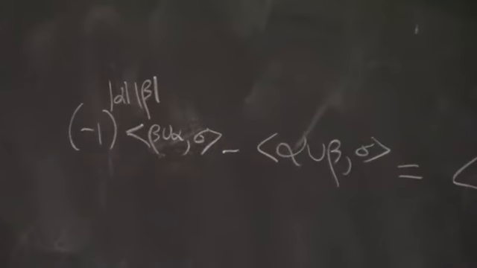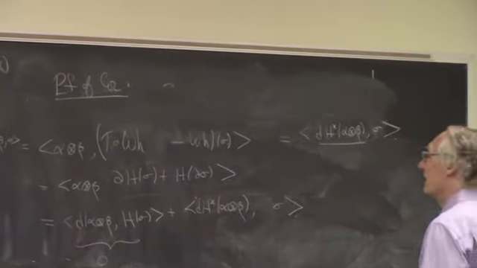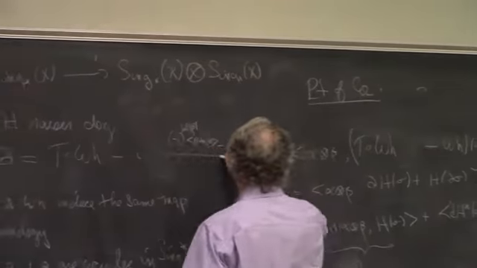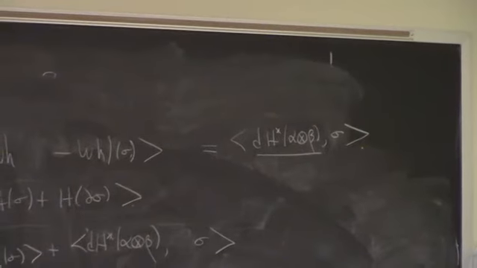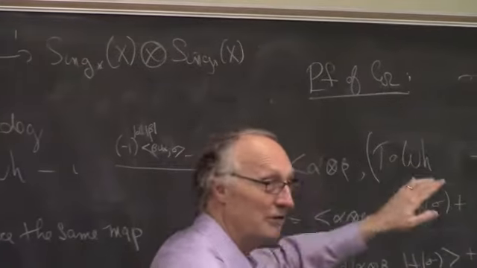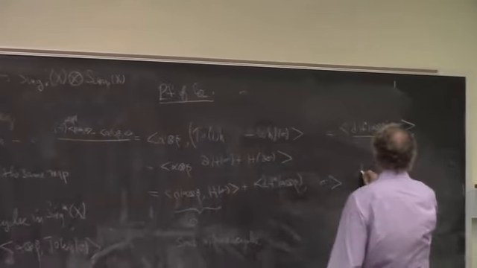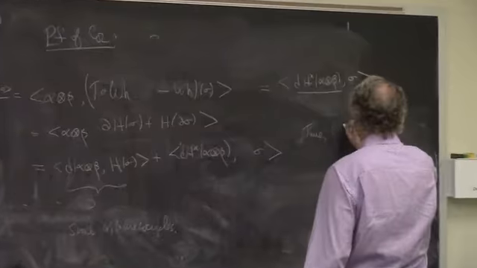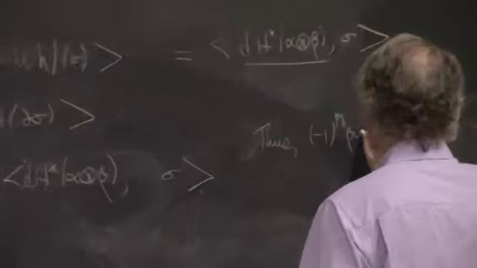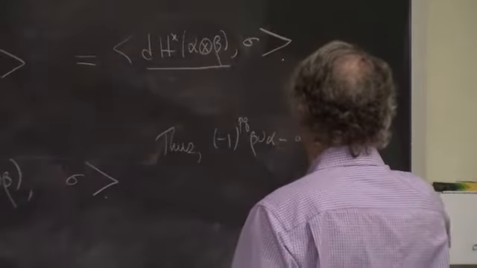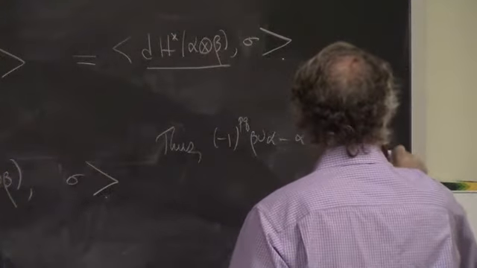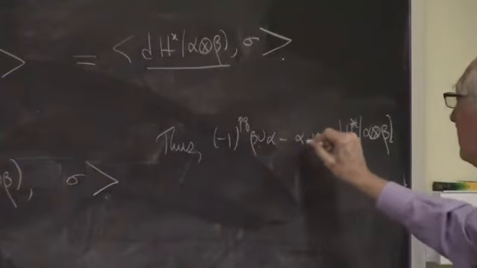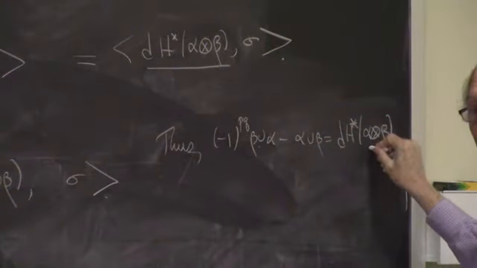So I see that evaluating this and evaluating this on sigma give the same answer. That's true for every sigma. That means those cocycles are the same. Thus, -1 to the PQ beta cup alpha minus alpha cup beta is D of H star of alpha tensor beta. So the difference of these two cocycles is a coboundary.